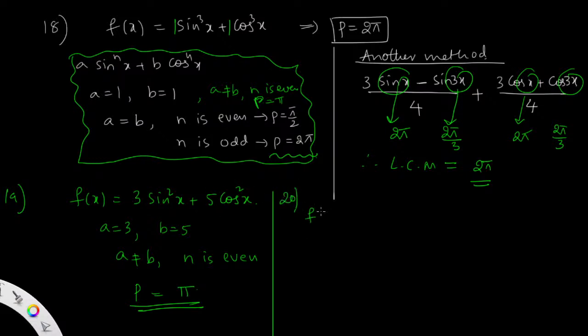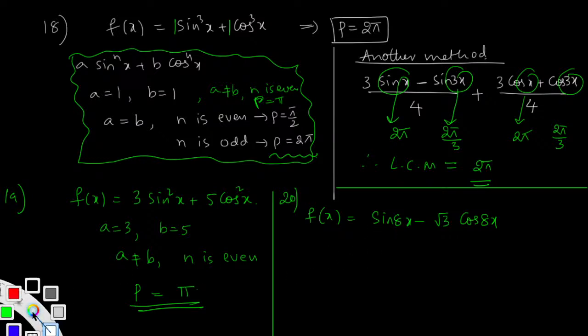20th problem. f of x equal to sin 8x minus root 3 into cos 8x. The period of sin is how much, Nana? 2 pi by mod a.